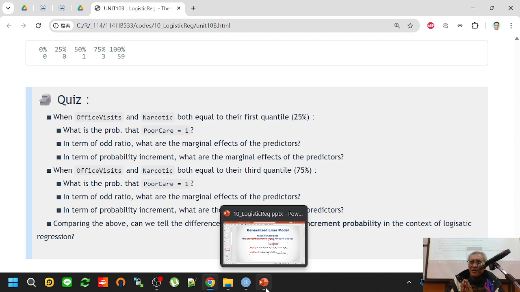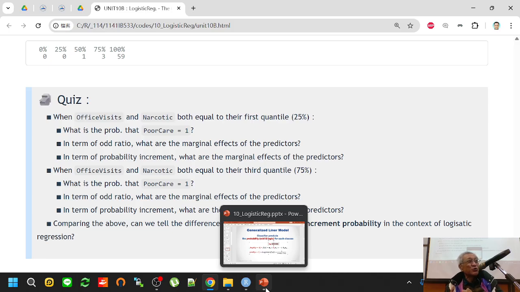But in a logistic equation, we are not talking about y, we are talking about the probability of y, and that coefficient can infer the odds ratio of y equal to 1.